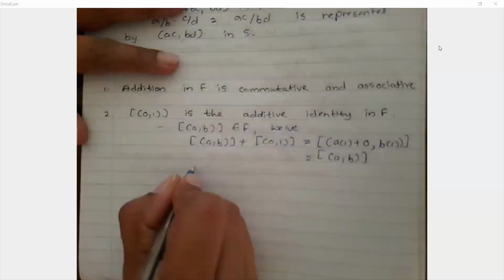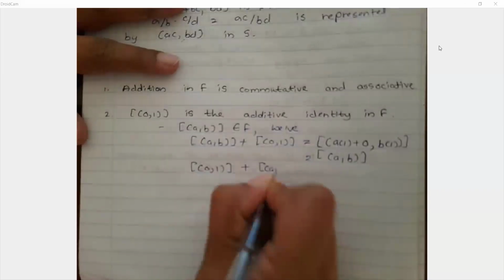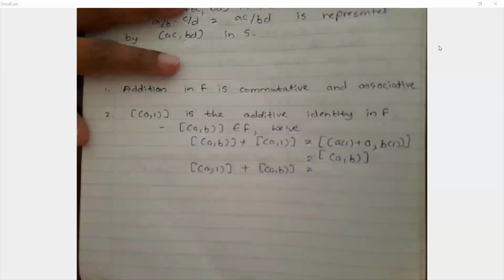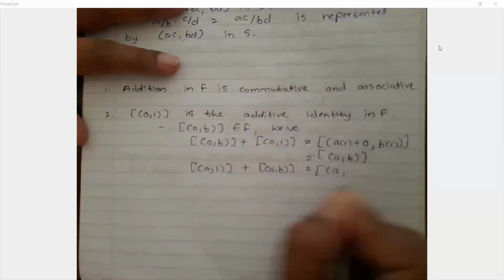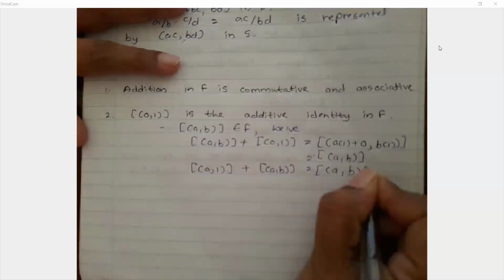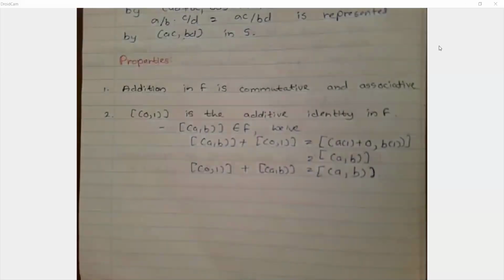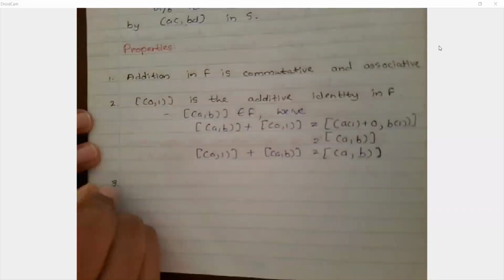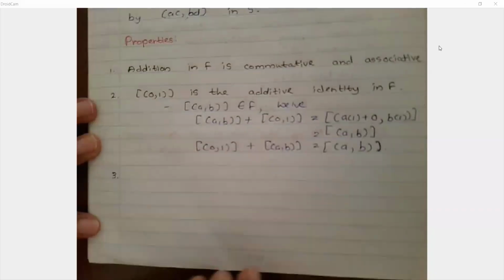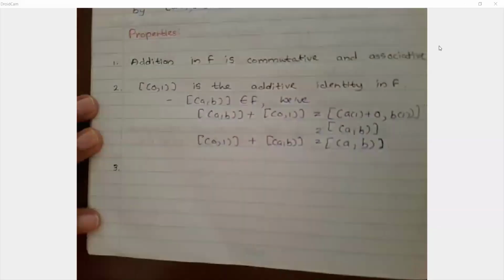And similarly, if we add (0, 1) to this element (A, B), once again you get 0 times B, which is 0, plus A times 1, which is A. So the first component is A, 1 times B is B. So by definition, yes, this element is the additive identity in F. Now, if you compare this with Q, we know the additive identity in Q is 0, which can be given as 0/1.